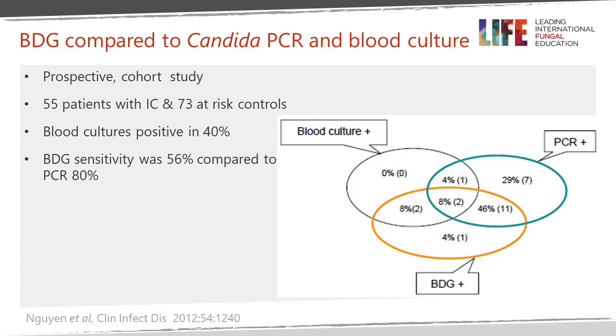The blood cultures were only positive in 40% of patients, but the BDG result was positive in 56% of patients, and they had an in-house PCR that they used, and that gave a positive of 80%. So the BDG was superior to blood culture, and combinations of tests, particularly PCR and Beta-D-glucan, were helpful.